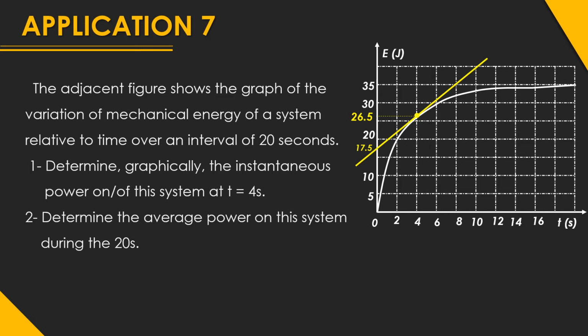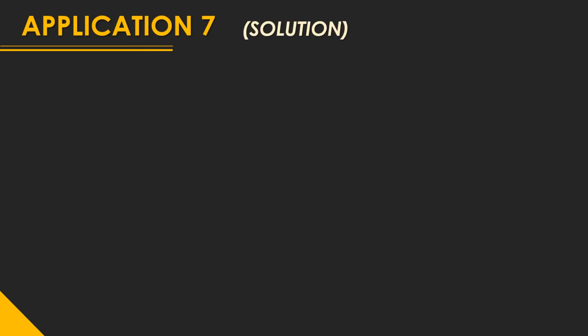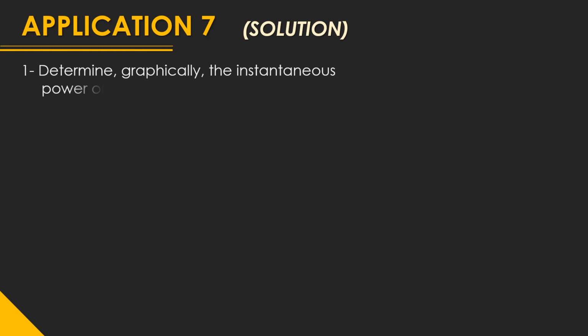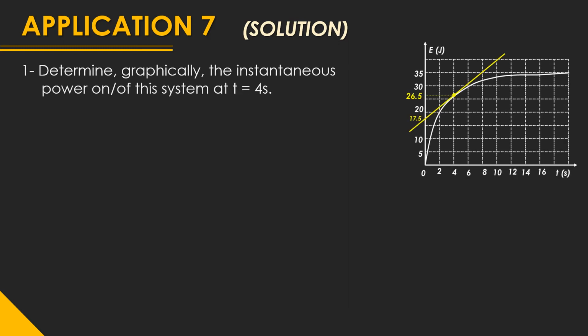So to answer that, let's move on. Part 1, determine graphically the instantaneous power on or off the system at time equal to 4. Instantaneous power is the power at that instant. Mathematically speaking, we can simply say it is dE by dt. Why E, not work?